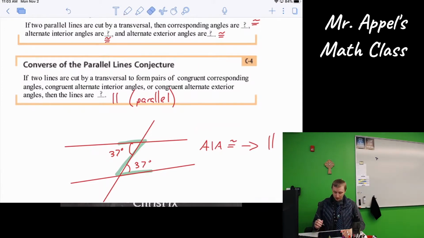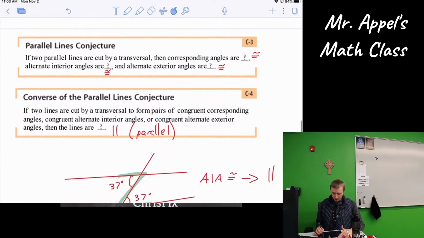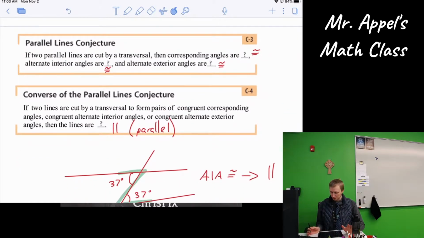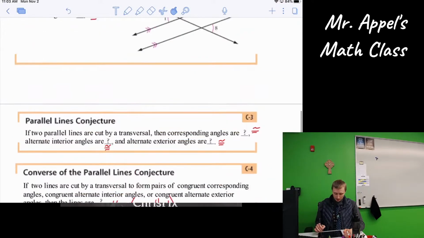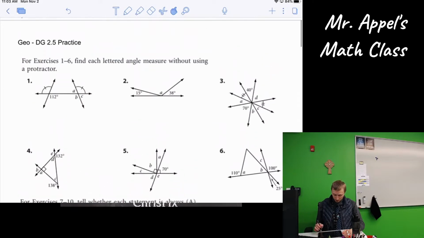What pairs of angles are not necessarily congruent? We've got a few more to go there. Any questions on that material so far? Okay, then I leave you with the rest of the day to answer questions.